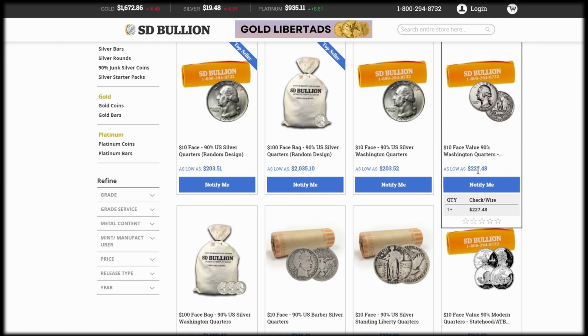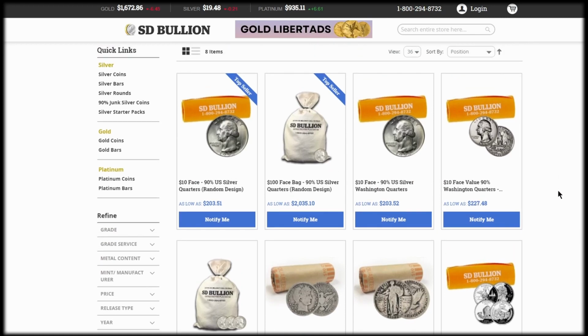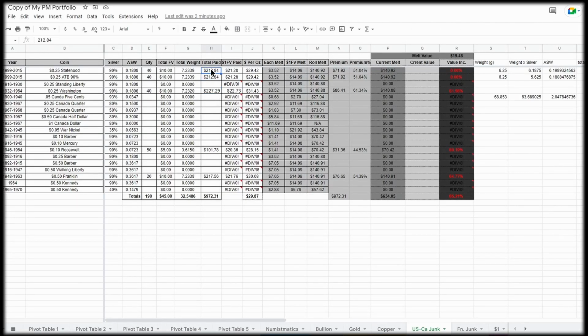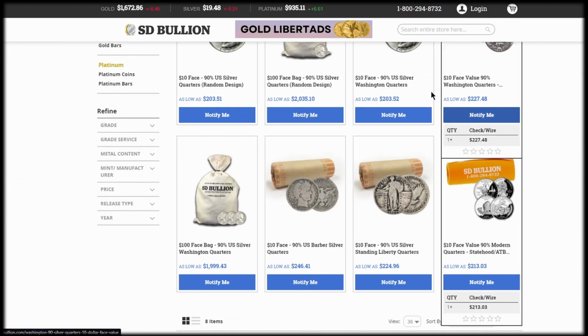Washington is 227 and random design is 203. I see. Okay, and state is 213.03. So we plug that in, it's actually gone up slightly from what I had written down prior to this. 213.03, okay.